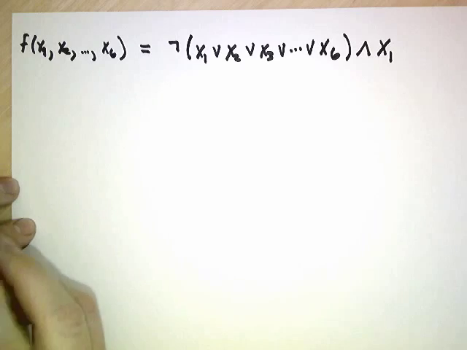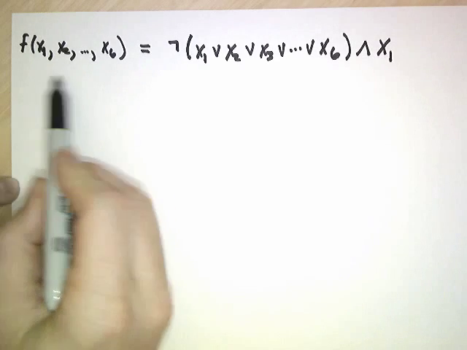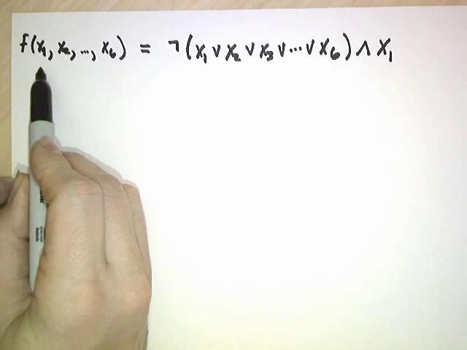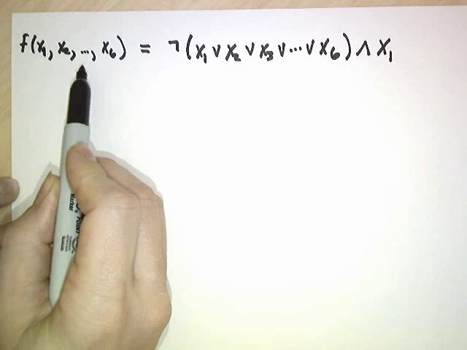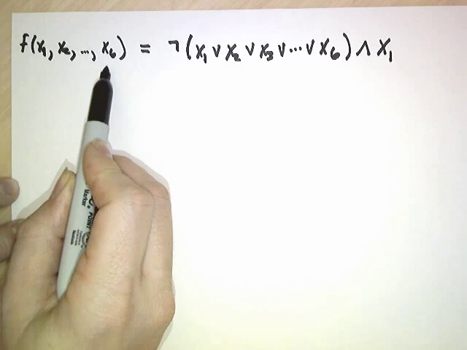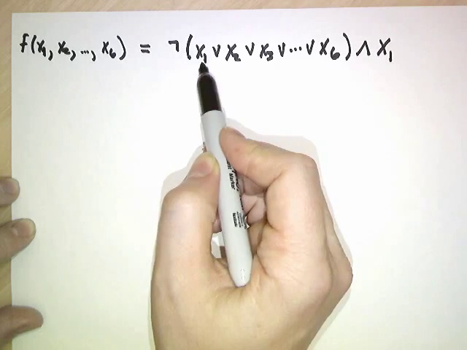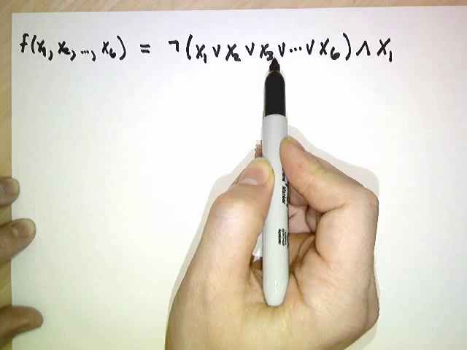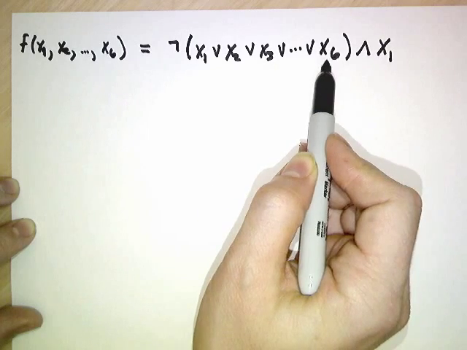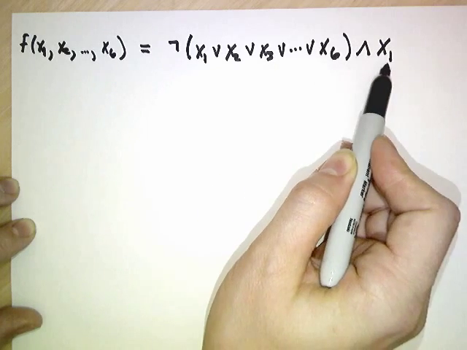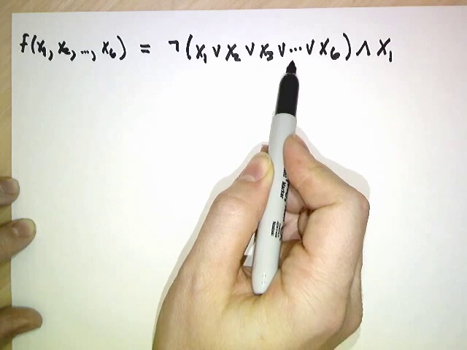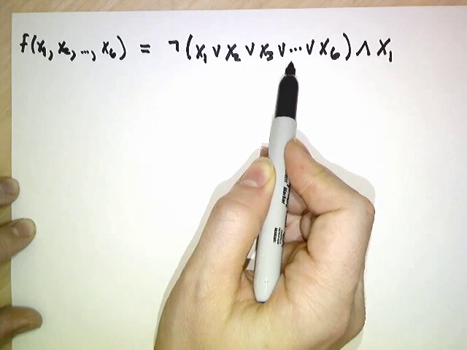Let's do another example. Here I've written down a Boolean formula, f of x1, x2, through x6, and I've defined it to be the negation of x1 or x2 or x3 through x6, and x1. Now this dots just means that x4 and x5 are hidden in there.